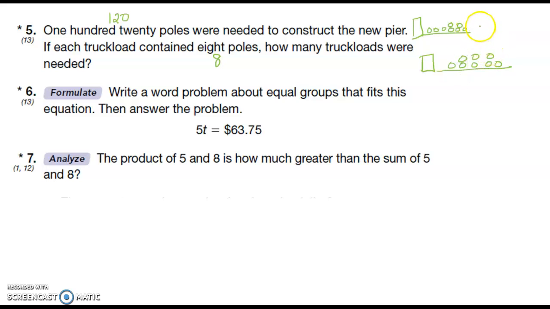So then I have a total of 16. Right? So each time I add a truck, I add 8 poles. So it says how many truckloads were needed. What I'm going to do is divide 120 by 8 to figure out how many trucks I need. And I need 15 trucks. So if I do 15 times 8, I get the 120 poles that I needed. Okay? Let's change colors.